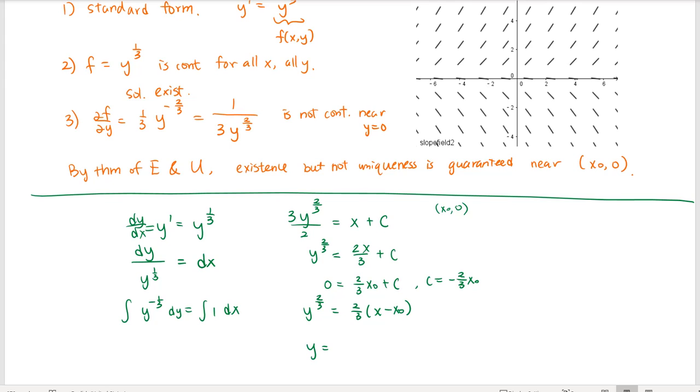Then y is, we take the root, so this is x minus x0 to the 3/2.